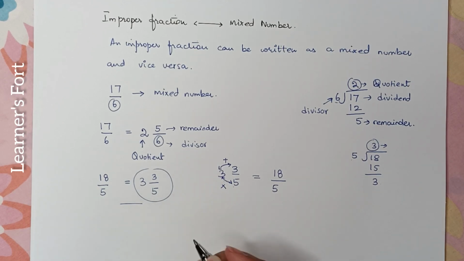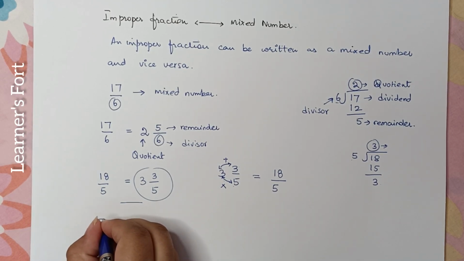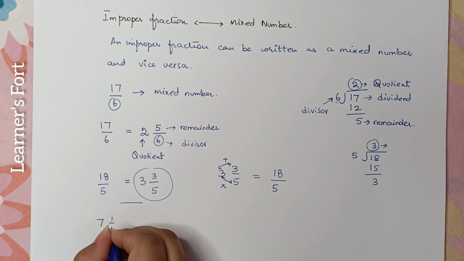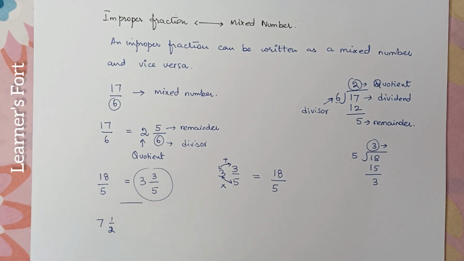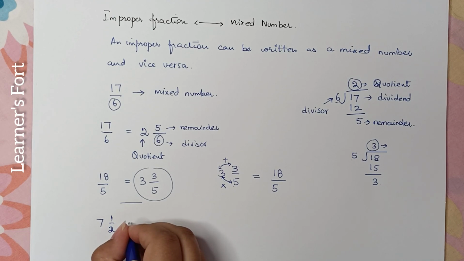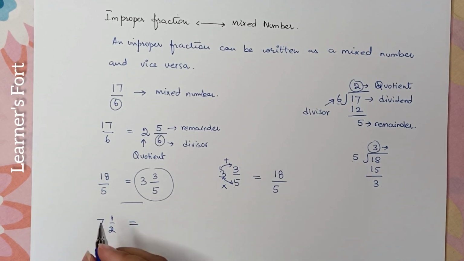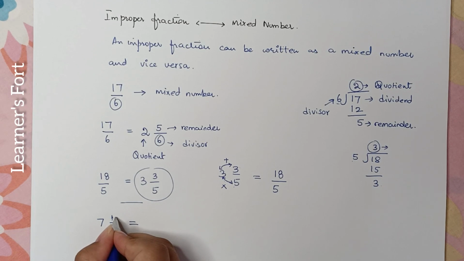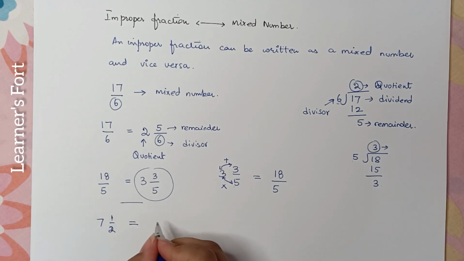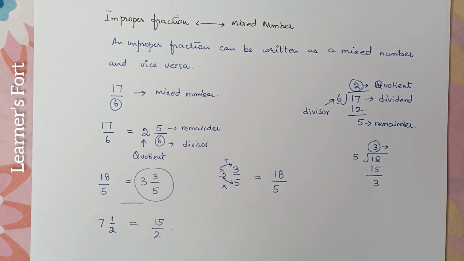Okay. Now again, if we have another number, let's suppose we have 7 whole 1 upon 2. What we're going to do, again, the denominator gets multiplied with the whole number. 2 times 7 is 14, plus 1, the numerator. So it becomes 15 upon 2.